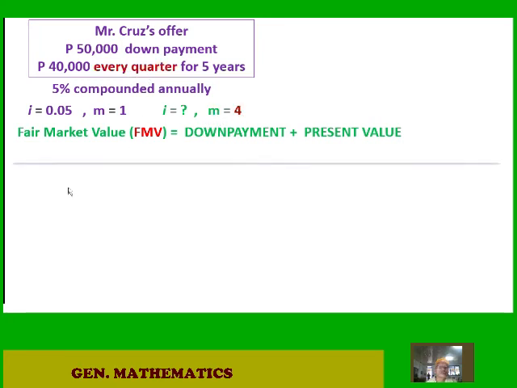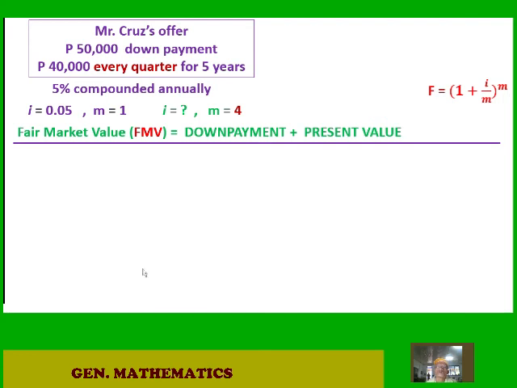So using our method with this formula, we have 1 plus 0.05 over M1 raised to the M1 equals 1 plus I over M raised to the M. This one, I is unknown, over M is 4, raised to the 4th power.